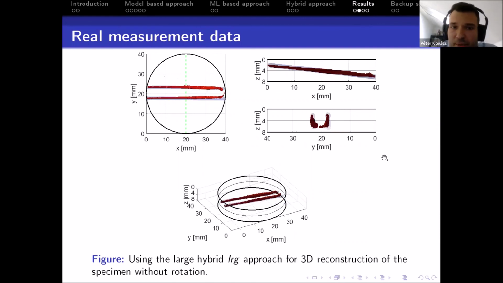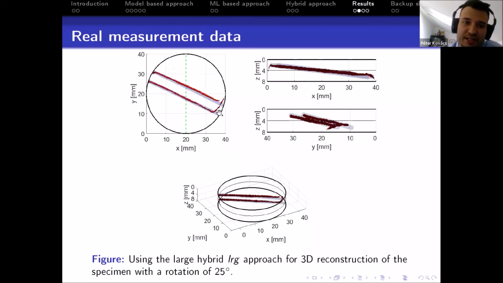And this is the hybrid approach. So the last one is the hybrid approach, where in the first stage we applied model-based algorithms that we combined in the second stage with a trained neural network, a trained UNet. And you can see the volume of the steel rods is better estimated, and also deeper inside the material, we have a good estimation of the two steel rods.